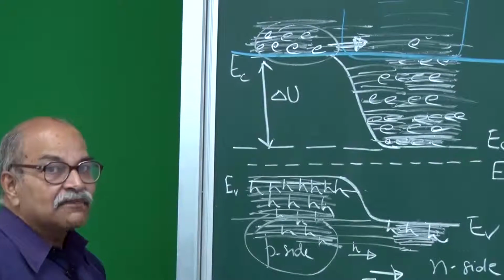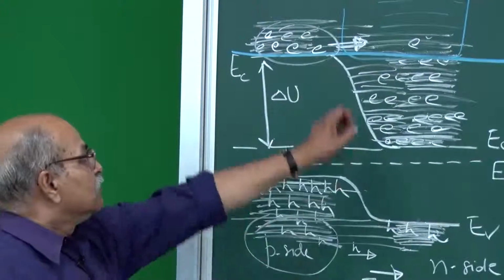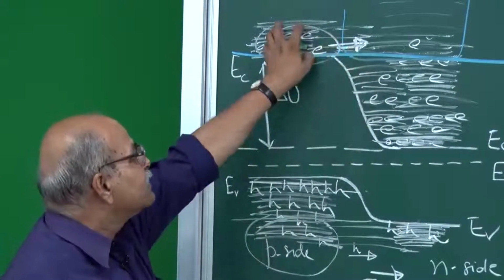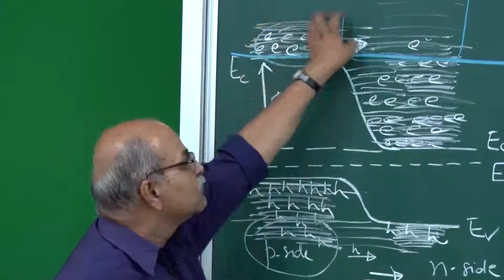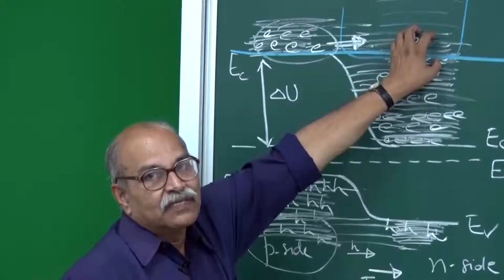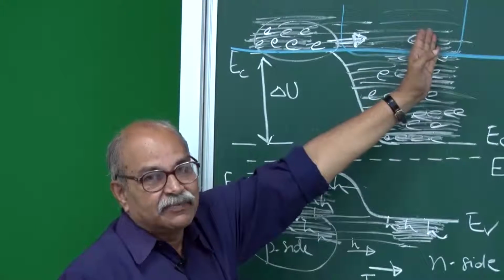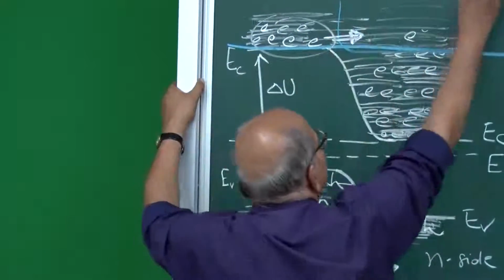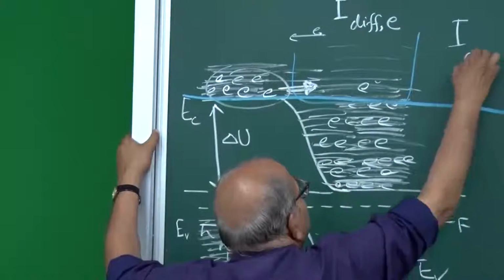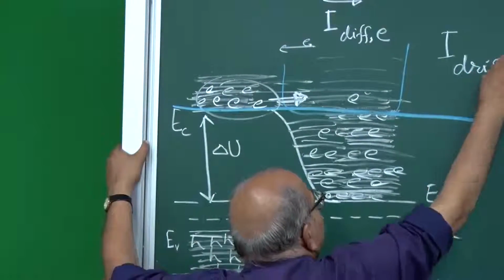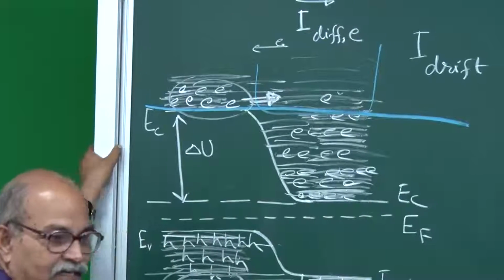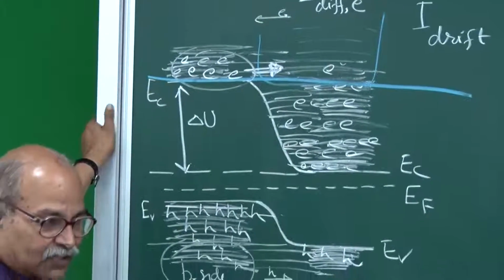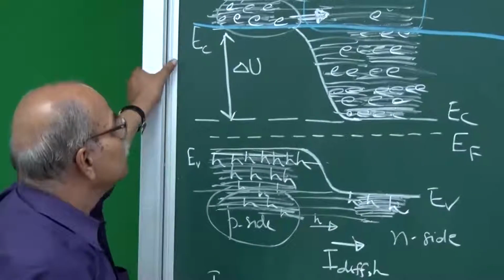And what is the direction of that current? The electric field is taking these electrons from p side to n side, and therefore the direction of current will be in this picture from right to left. So because of this, you have a current which we call drift current. Anything that is under the influence of this electric field is known as drift.